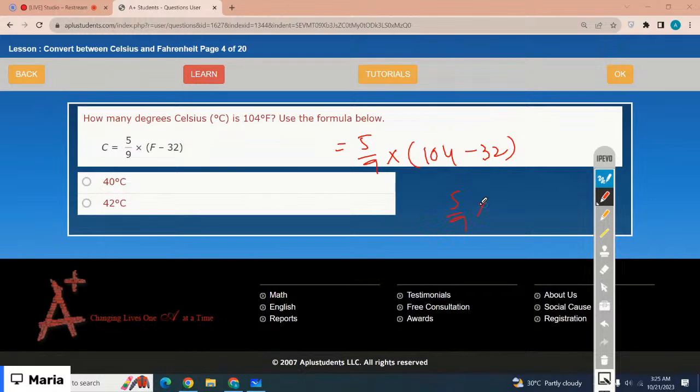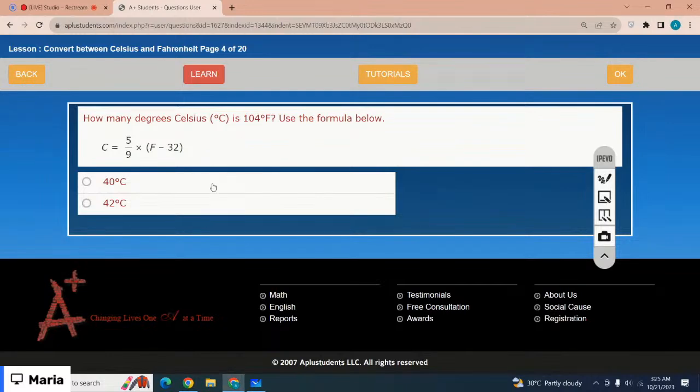So 5 by 9 times 72. So 72 times 5, 360, and 360 divided by 9 is 40 degrees Celsius. So the correct option is 40 degree Celsius, right? Very good. That is 40 degrees Celsius.